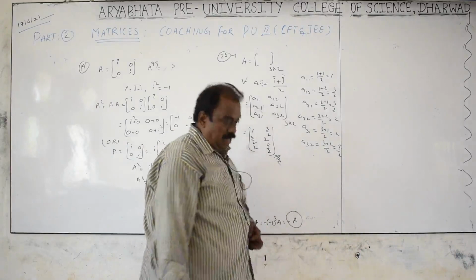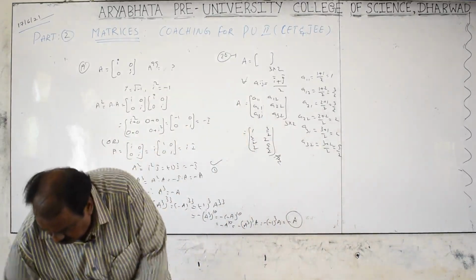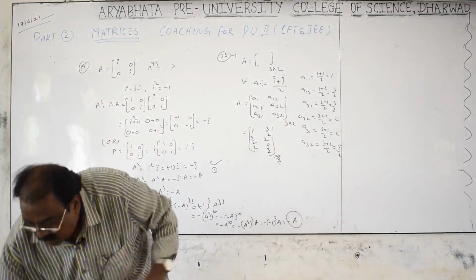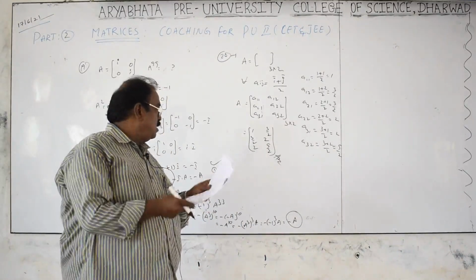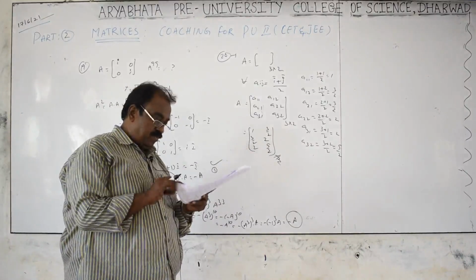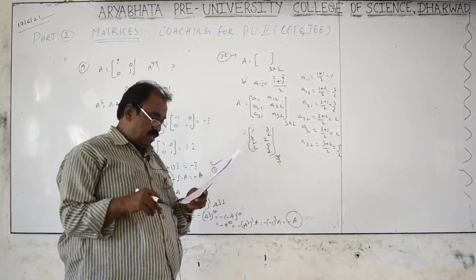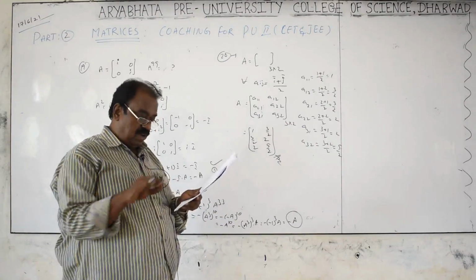You see in the options, which one is correct? I think the second option is the correct one. Okay, na? You see there, the resultant matrix is 3 by 2, 3 rows, 2 columns. First option is 2 rows, 3 columns, wrong.